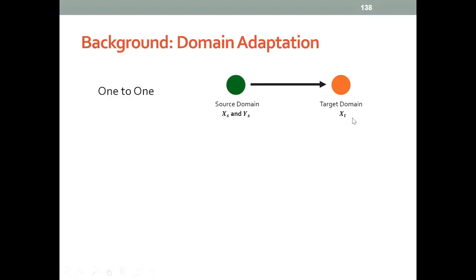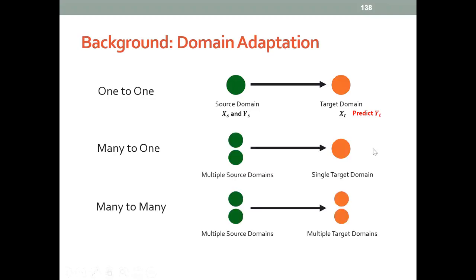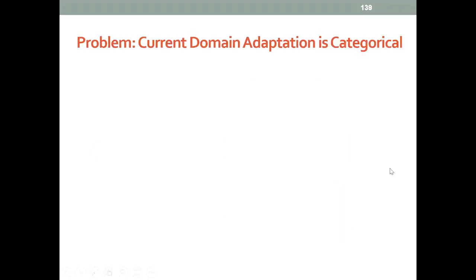And the goal is to train a model that will predict the target domain label YT as accurately as possible. And naturally, these can be extended from the one-to-one setting to many-to-one or many-to-many settings.